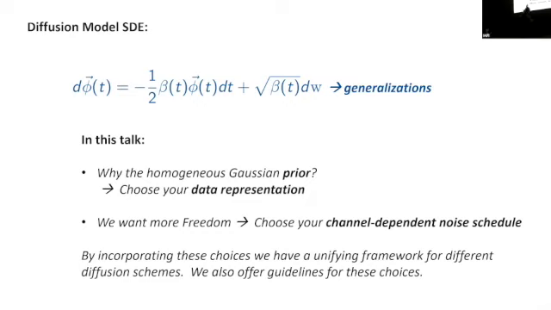By incorporating these choices, we have a unifying framework, or partially unifying, since there are so many different diffusion schemes out there. We would also like to offer some guidelines for the choices that one can make. That's what I'll do in the remainder of the talk.